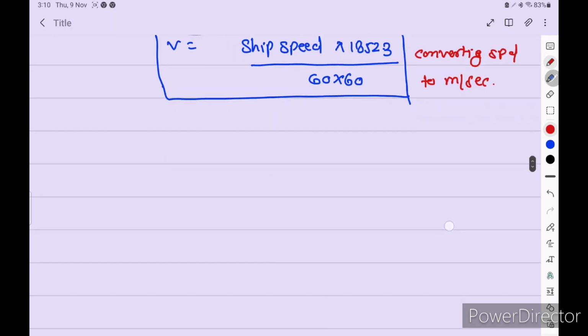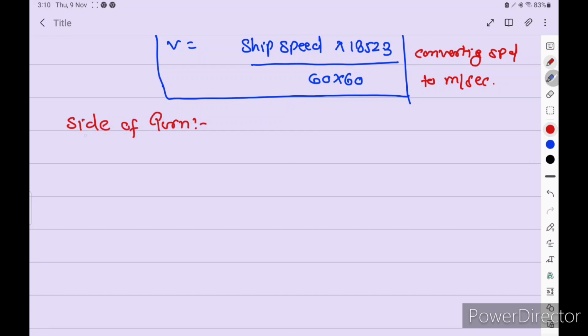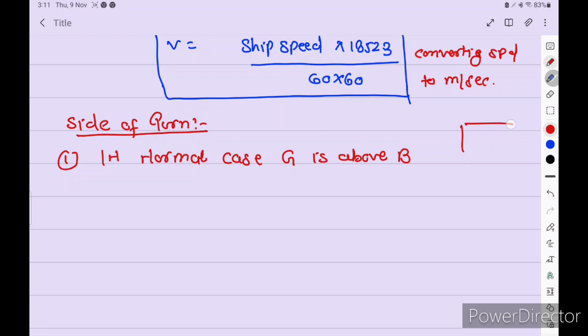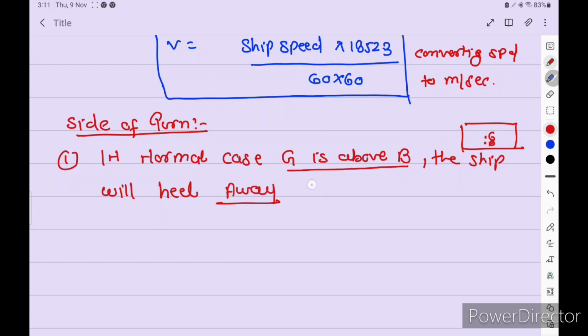Now, the side of turn. In the normal case, G is above B. This is the vessel, so always G is here, buoyancy is here, so always G is above the B. If G is above the B, the ship will heel away from the center of the turn.